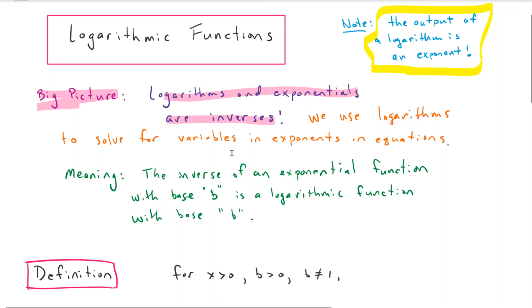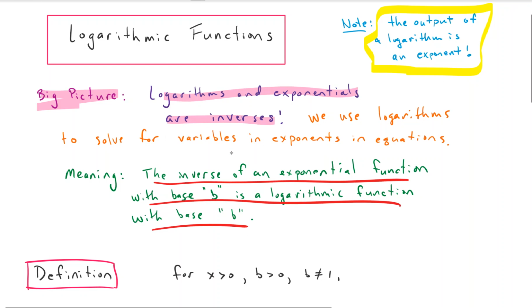Oftentimes exponentials are talked about just before you talk about logarithms because, as it turns out, exponentials and logarithms are inverse functions. So if you have an exponential function with a base b, then it has an inverse function that's a logarithmic function with also that same base b.